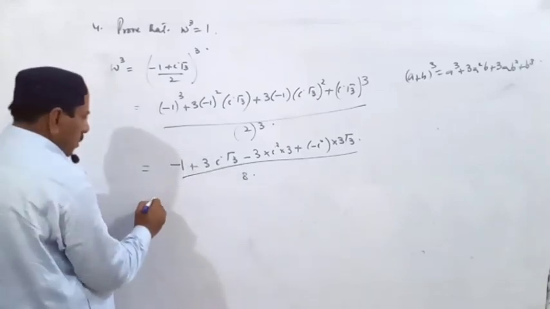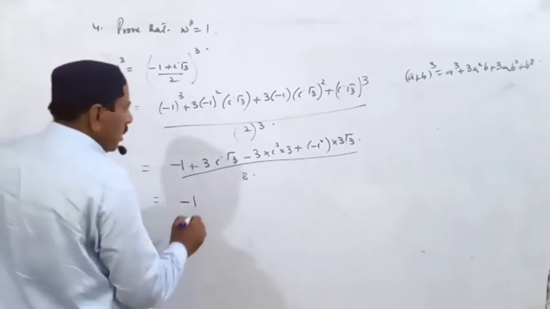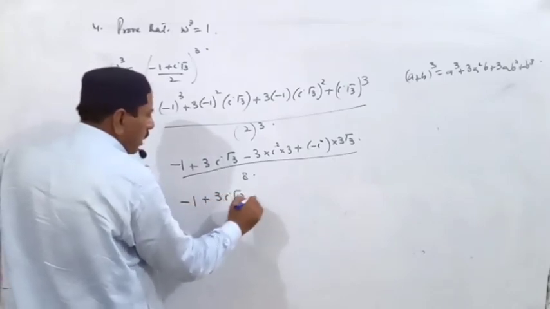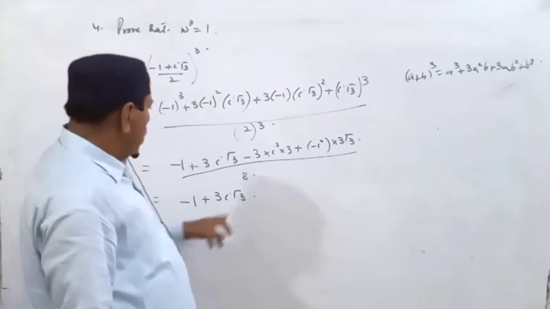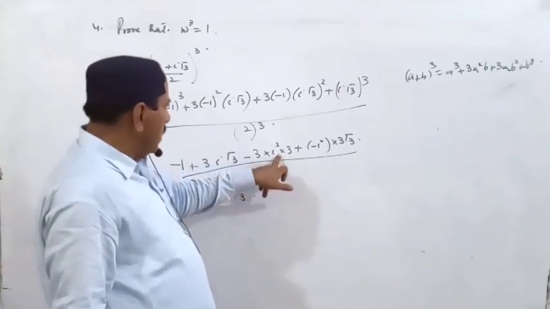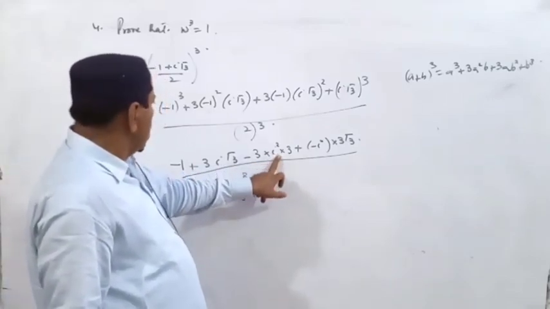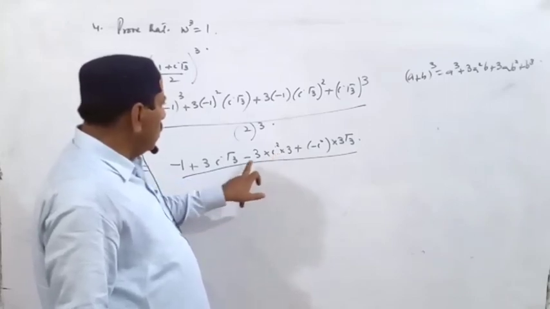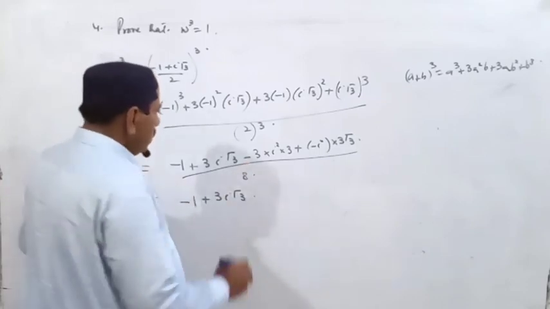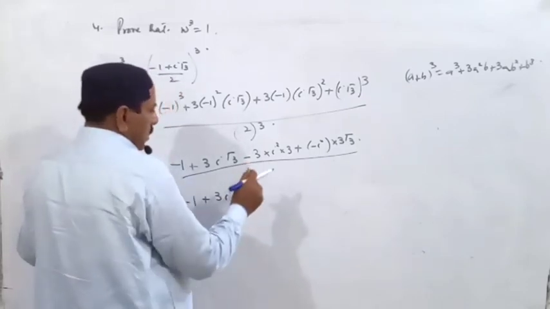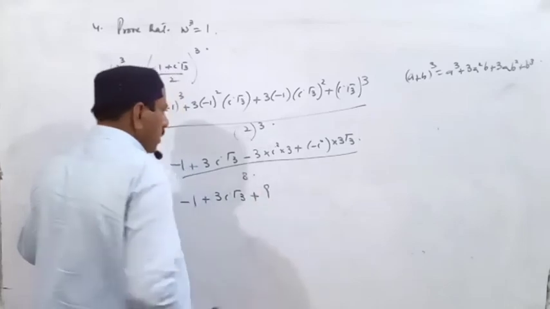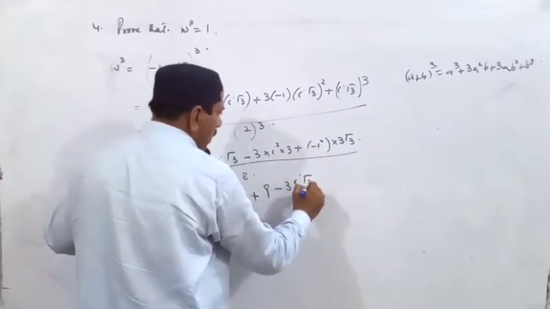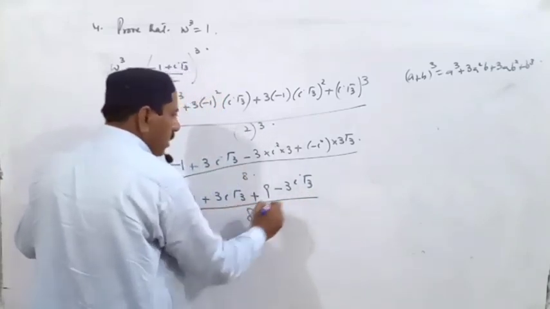So this will be minus 1 plus 3 iota radical 3, then iota square means minus 1, minus into minus is plus, 9, minus 3 iota radical 3 upon 8.